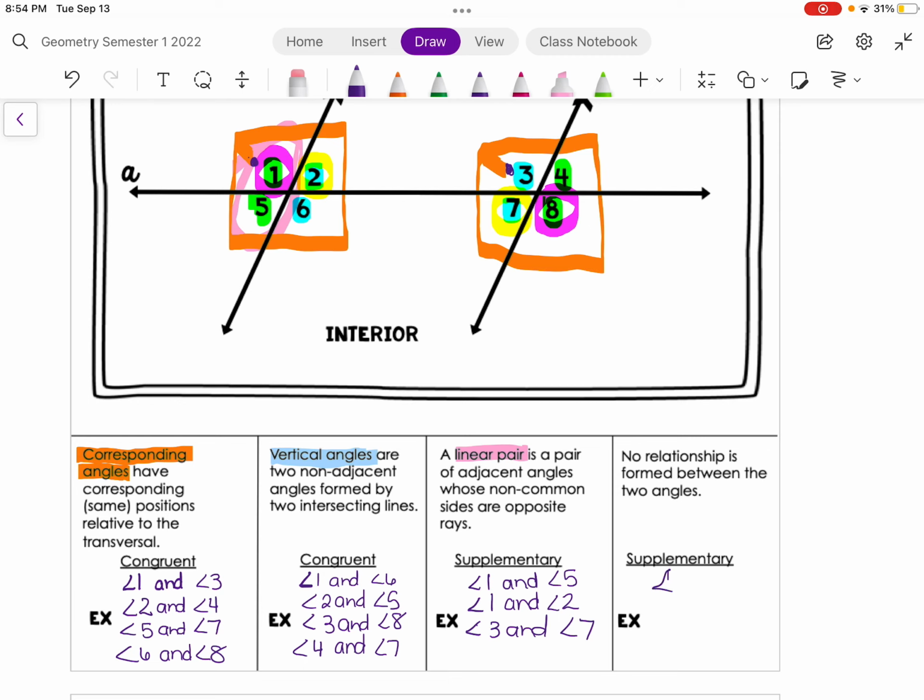So like angle 1 is on the exterior, but angle 7 is on the interior as an alternate. That would be one that does not have a relationship. However, they are still supplementary because everything is either congruent or supplementary.